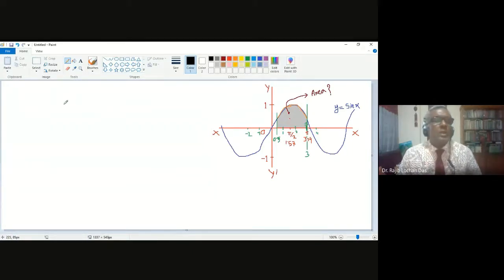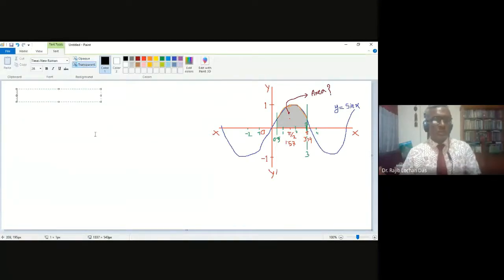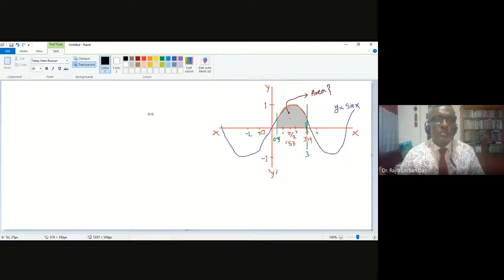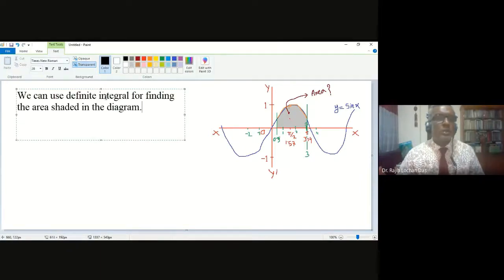Now I will use the integration concept for finding the area. We can use a definite integral here for finding the shaded area in the diagram.